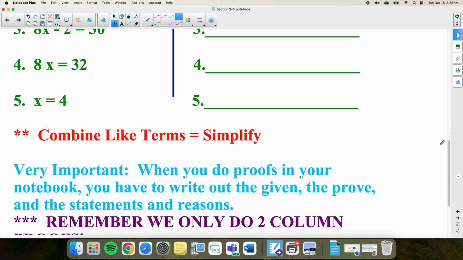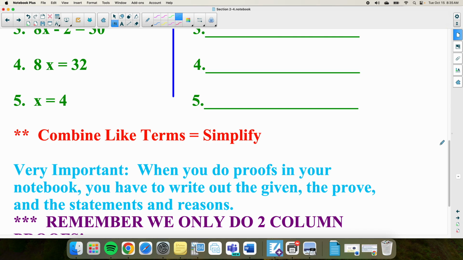So just write combine like terms equals simplify. Okay. So most of this cheat sheet here is for the next part of chapter 2, but we will.